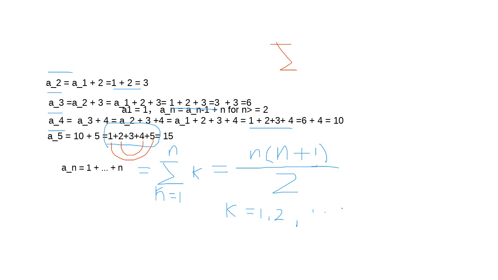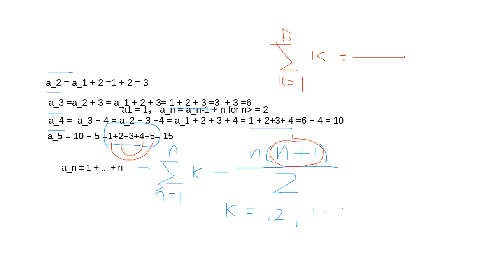So that's k going from 1 up to 5, right? According to the formula, this n plus 1 is just adding, just pairing them up.